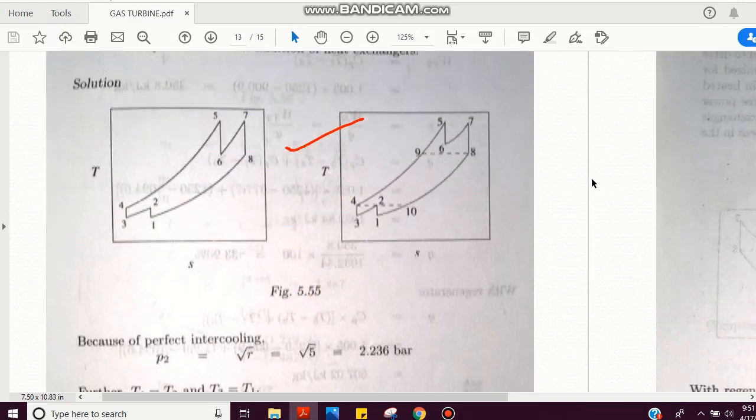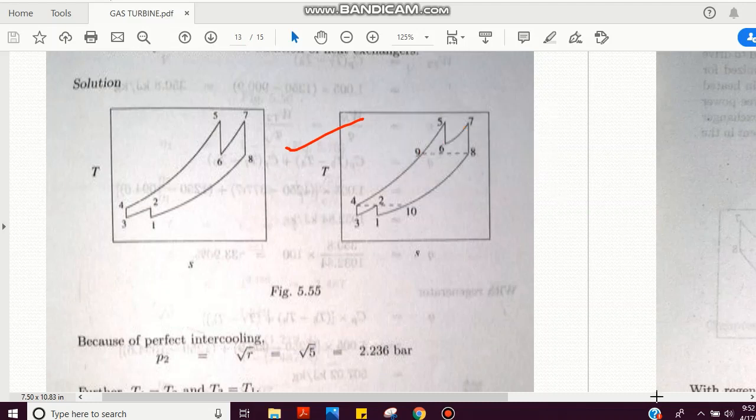In this diagram you can see the regeneration. 4 to 9 is the heat exchanger process and 8 to 10 is the heat exchanger process. So 9 to 5 is a combustion process, and 6 to 7 is another combustion process. So the heat input is 9 to 5 plus 6 to 7.